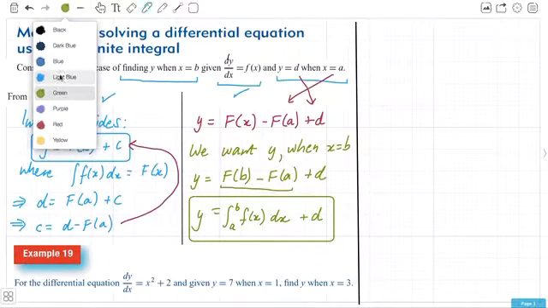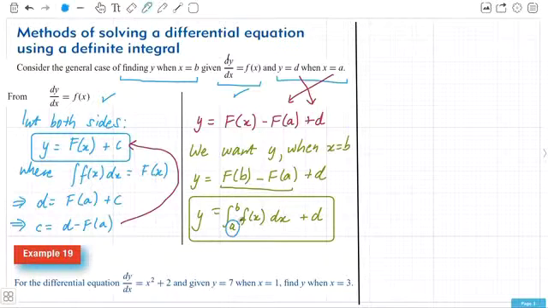If I do those in blue, those two conditions are known. They're given to you. And b is given to you as well to help you to find y.